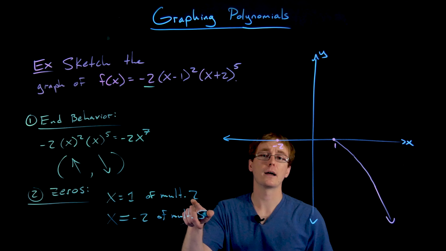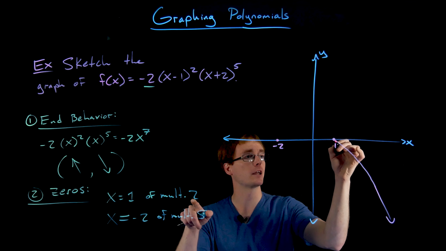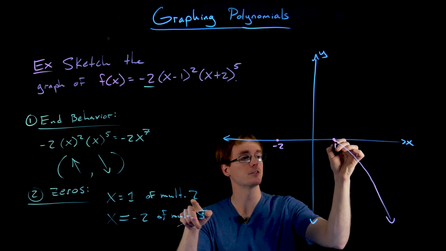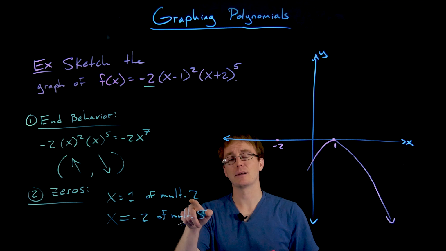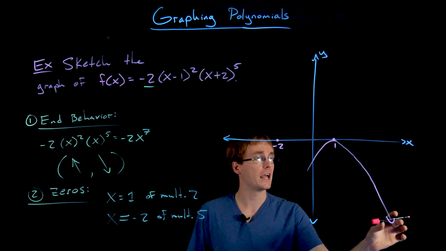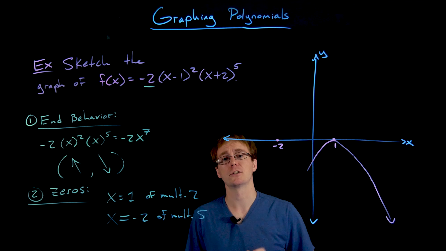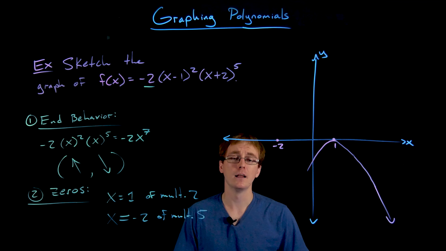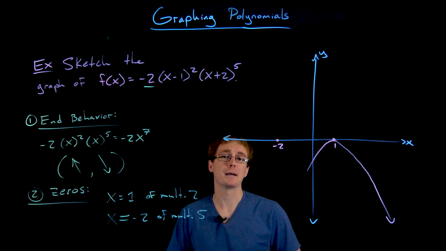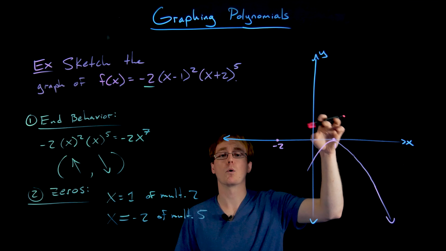But we know our 0 at x equals 1 is a 0 of multiplicity 2, so we have to bounce off that 0. So the fact that we have to bounce off this 0 along with our end behavior lets us know we are bouncing off our 0 from below.